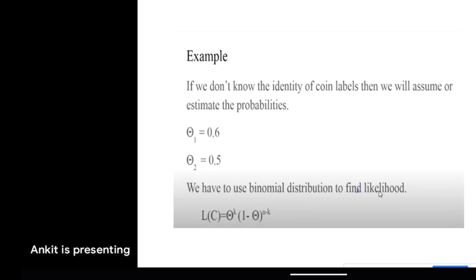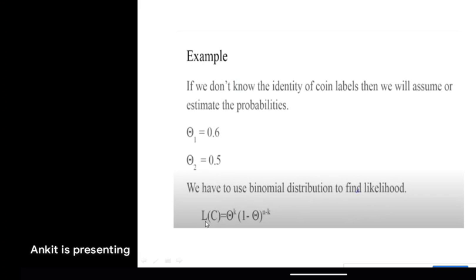In these types of problems where unlabeled data are present, a number of iterations are performed to find the solution, and in these iterations we select the final answer which is closely related to the previous one. So this is known as the likelihood. To find the likelihood, we use the binomial distribution formula.